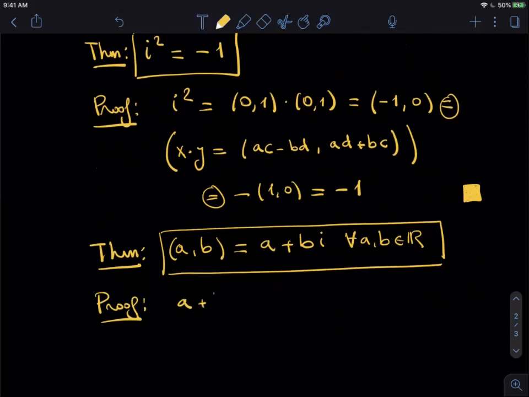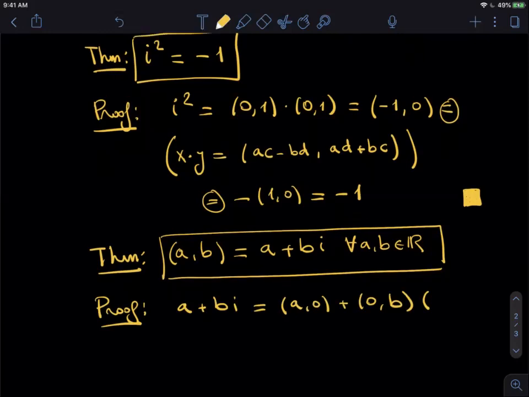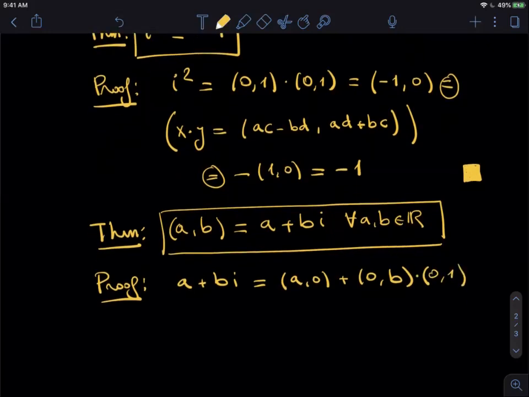So this is again just a verification using the new definitions, but let's do it. So a plus bi is (a, 0) plus (b, 0) multiplied by i, right? What was i? It was (0, 1). So here we have a product. We just used the definition.